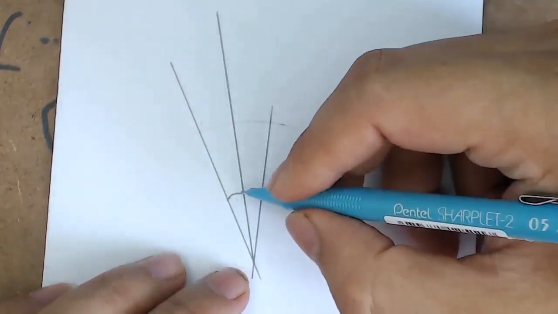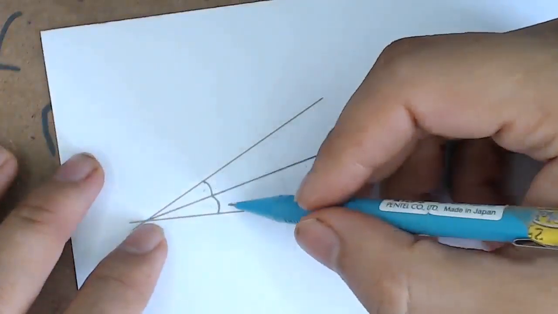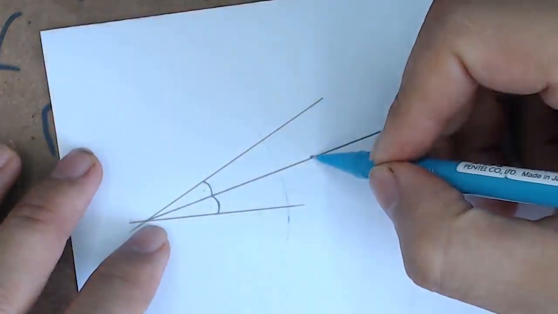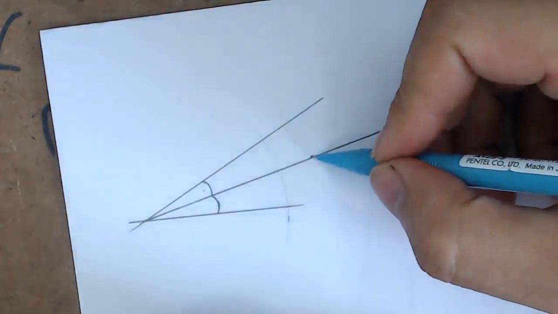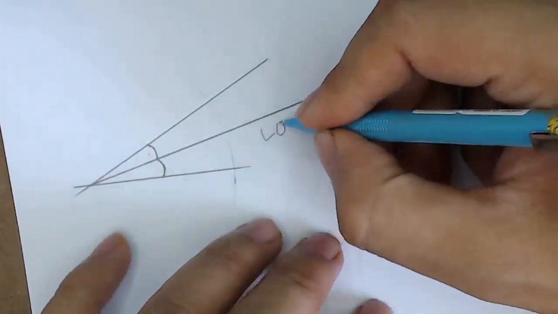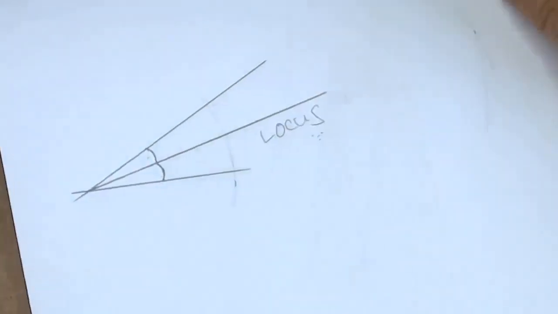So this angle here is equal to this angle here, or this size here is equal to this size, which means that this line is a perpendicular bisector, because we learned this topic is what they call a locus. So here it is, the locus that we are looking for. Easy?